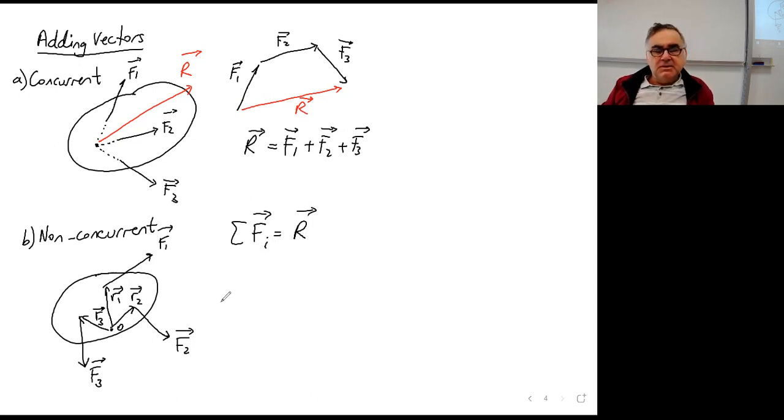But these non-concurrent forces are also going to have a moment effect. So the moment about point O is going to be equal to the summation of Ri cross.